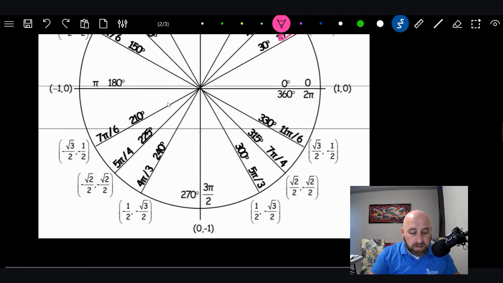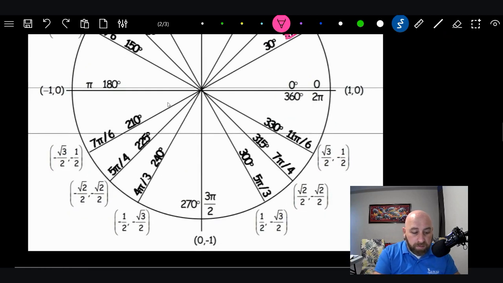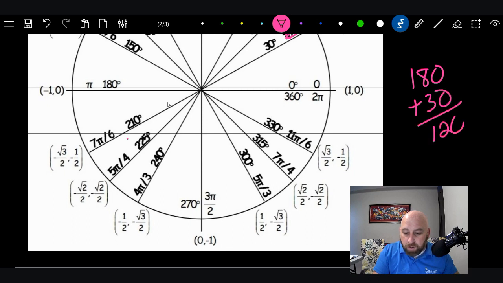Let's look down here at the bottom. Same thing. Here's the 30 in quadrant number 3. The 30 is right here. The 30 is the 120. How do we get that? 180 plus 30 gives us our 120. And here it is in the third quadrant, with both of them negative. Negative square root of 3 over 2, negative 1/2.